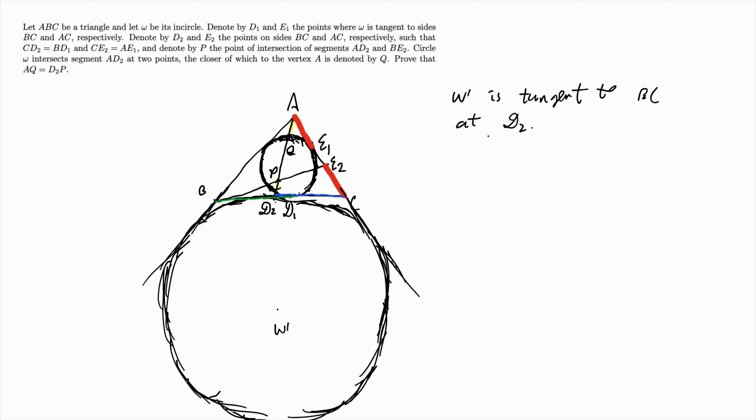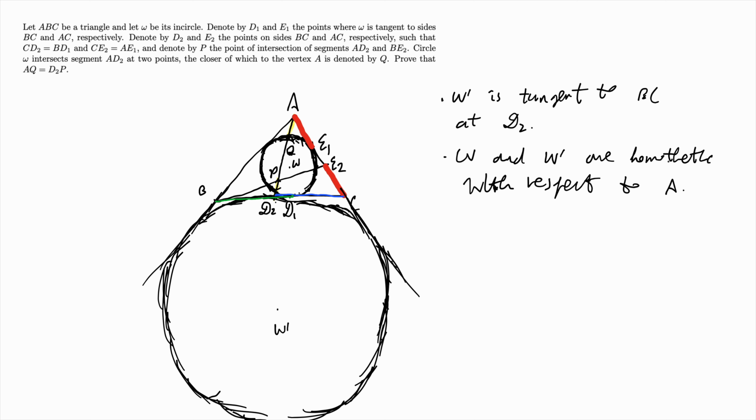We also know that omega and omega prime are homothetic with respect to A. I'm also going to prove this in my next video, so please look out for that.